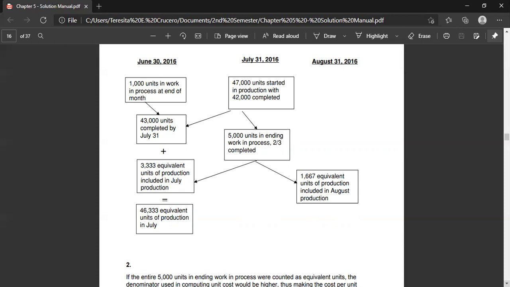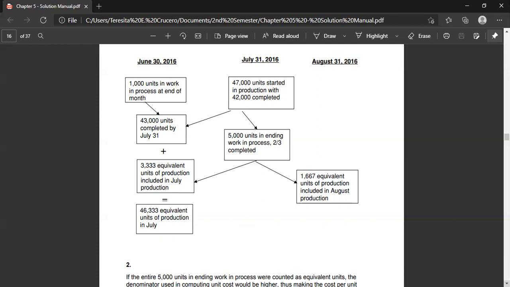We have 42, no? Actually, the number of units completed is 43,000. Why 43,000? Because the problem stated that 42,000 units were completed in addition to the units in the beginning. So 1,000 units, we add 47,000 units. Completed is totally 43,000.